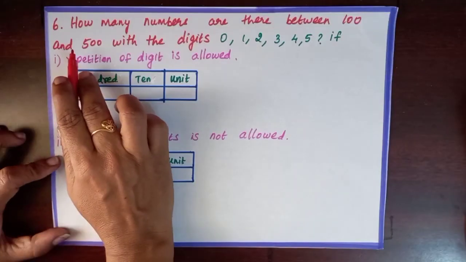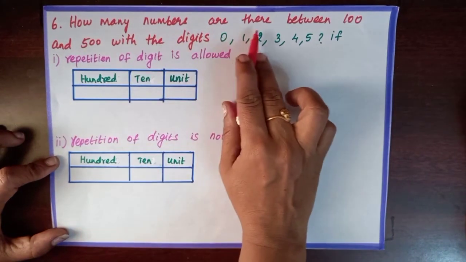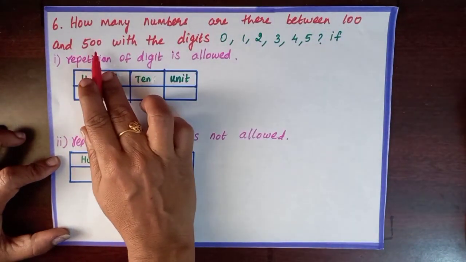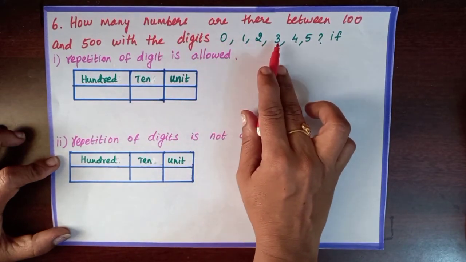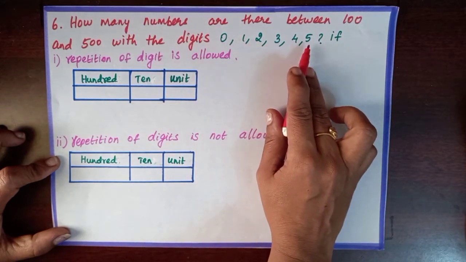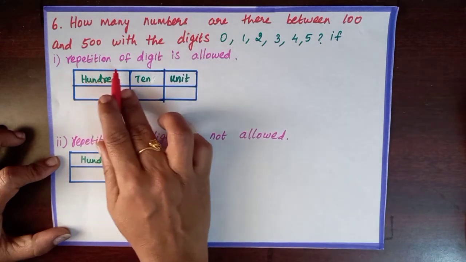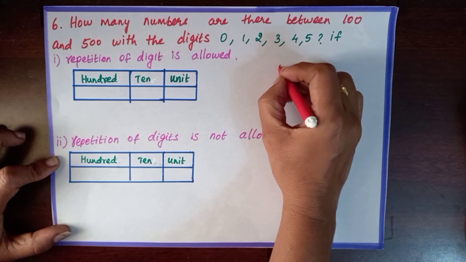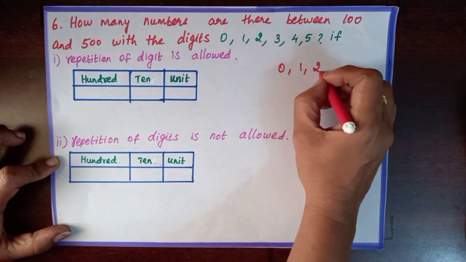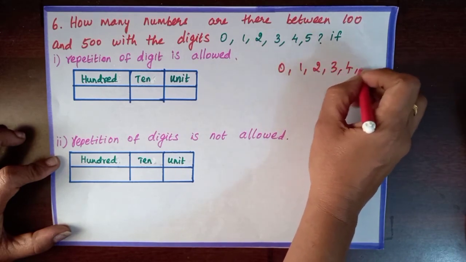Question number 6. How many numbers are there between 100 and 500 with the digits 0, 1, 2, 3, 4, 5? First subdivision, repetition of digits is allowed. Given digits are 0, 1, 2, 3, 4, 5.